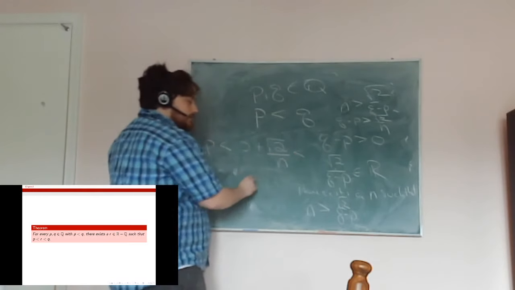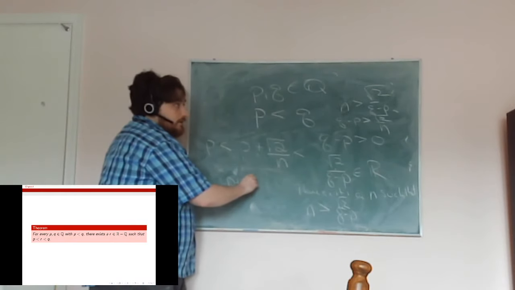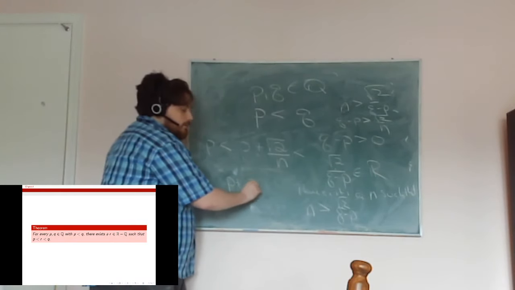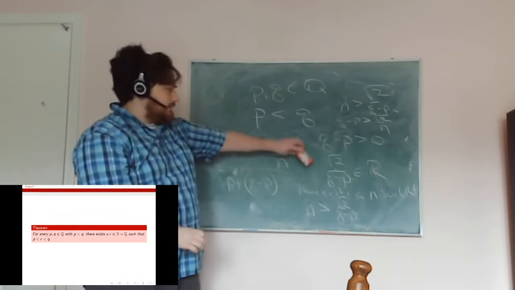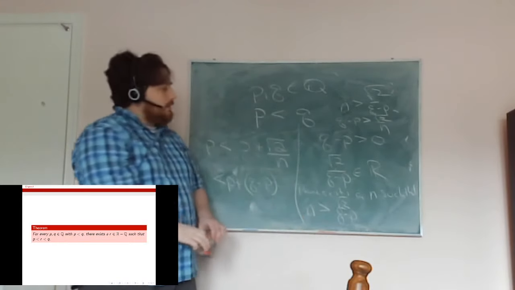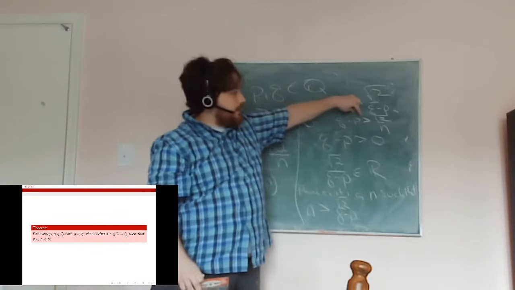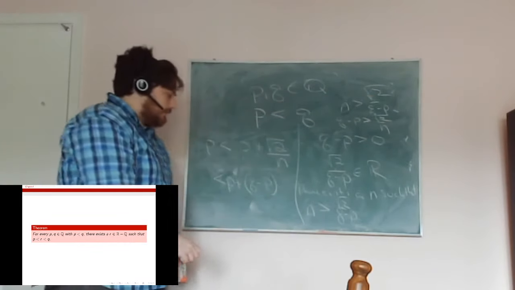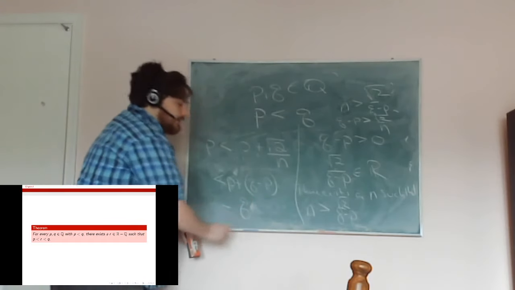But this is less than p plus q minus p. I know that q minus p is greater than the square root of 2 over n, but p plus q minus p is just q.